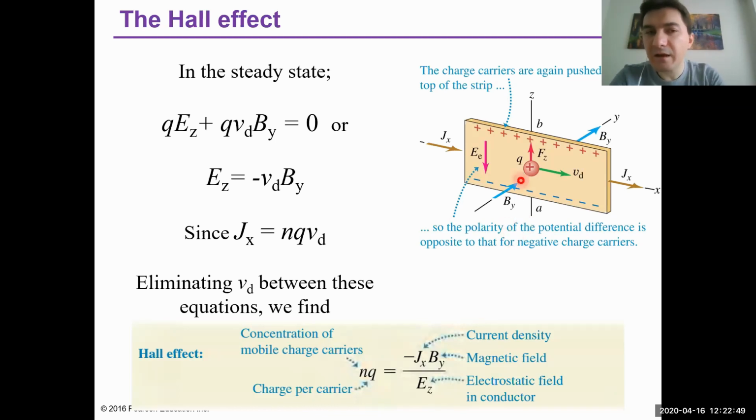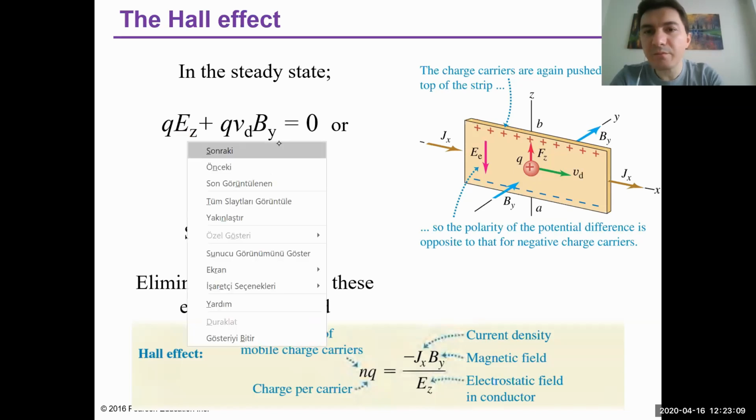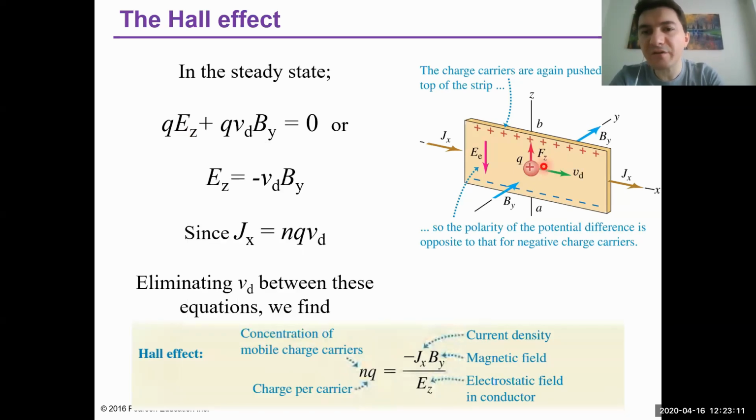So at certain point, the magnitude of the magnetic force and magnitude of the electric force due to the electric field from higher potential to the lower potential, here we have an electric force, which is given by Q times E. The magnetic force and electric force are opposite to each other, and in the steady state, they will be equal to each other.